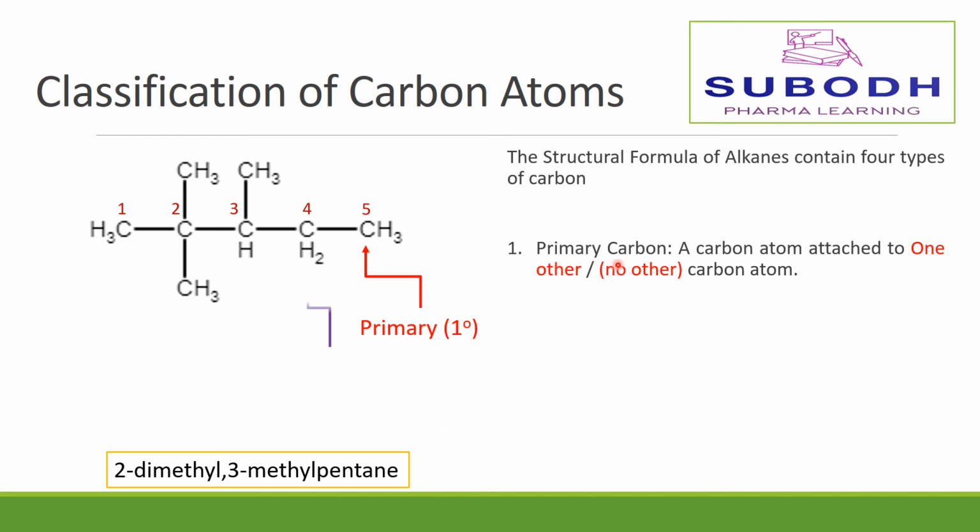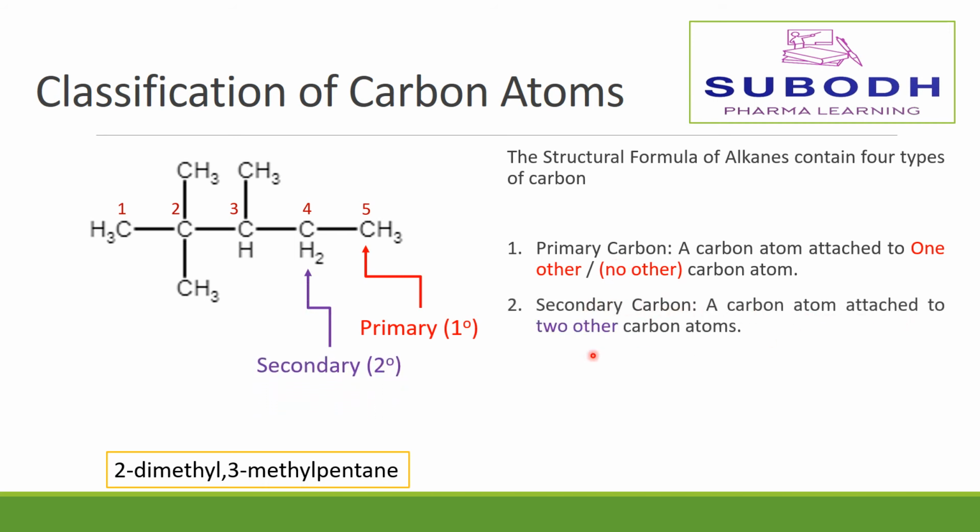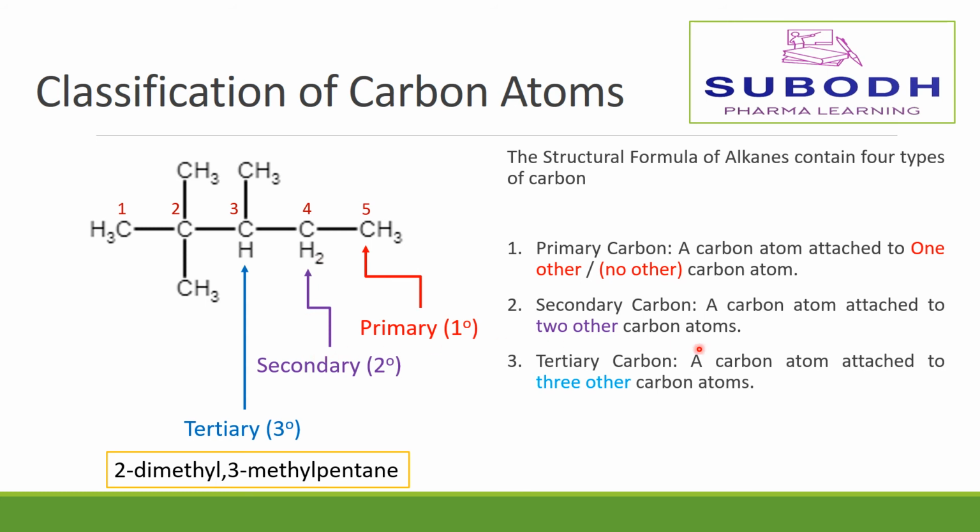The secondary carbon is a carbon atom which is attached to two other carbon atoms. See, in the structure, the carbon atom at number 4 is attached to two carbon atoms, number 3 and number 5, and two hydrogen atoms. The tertiary carbon atom is a carbon atom which is attached to three other carbon atoms.